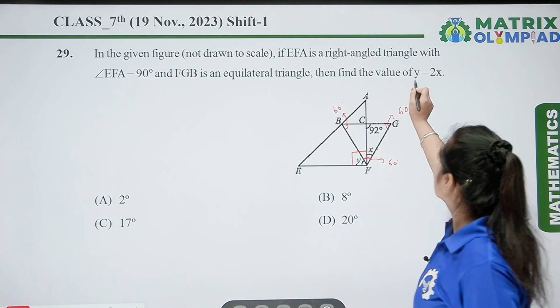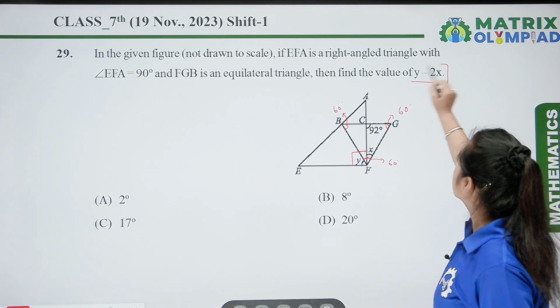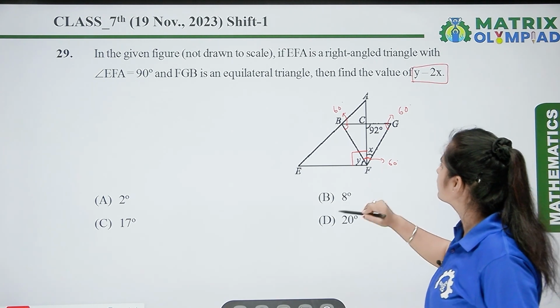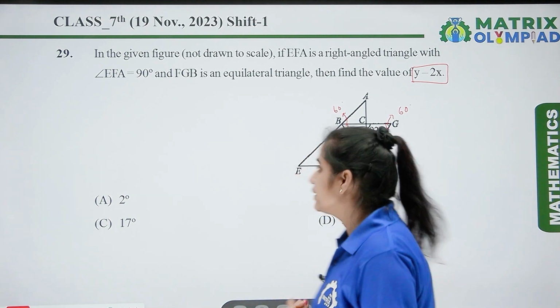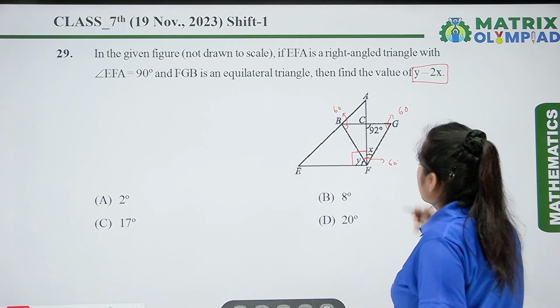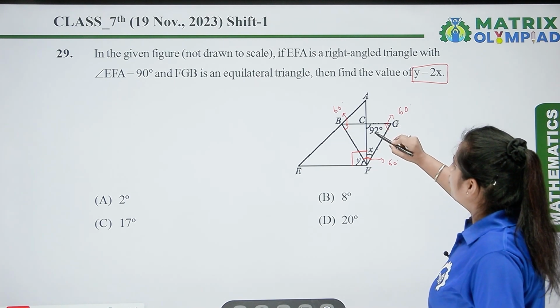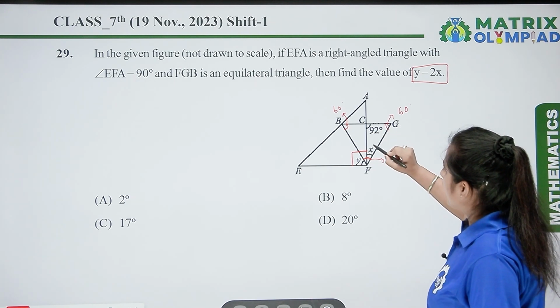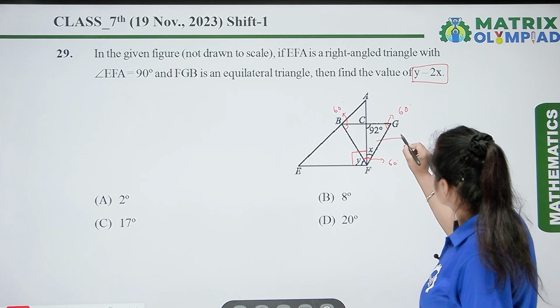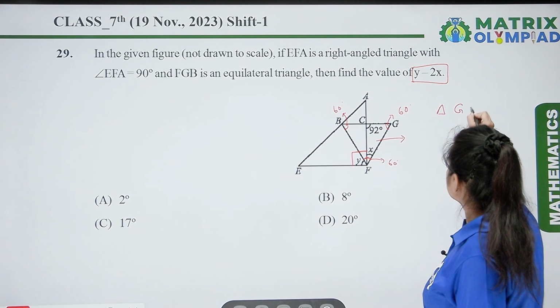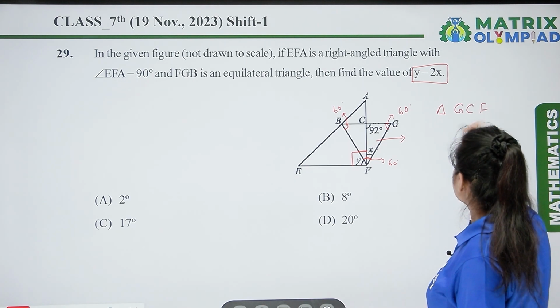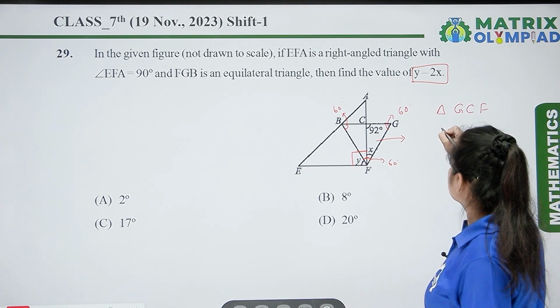Next, we have to find the value of y minus 2x. This is y and this is x. So here we have to find the angle. So let's find the angle. Here, first of all, we are going to find the angle x. So here in triangle GCF, we are using the angle sum property.